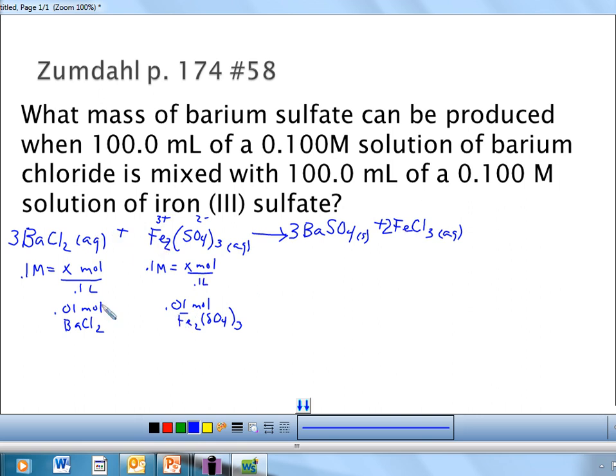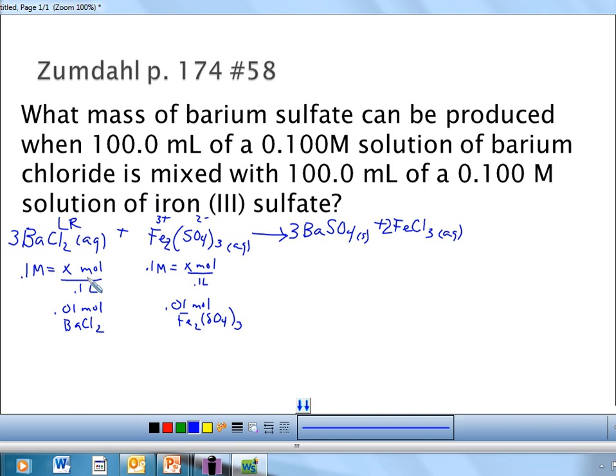If you are given the amount of each reactant, we need to figure out which one of these substances is going to be the limiting reactant. Some of these things, it might be easy to see that because this is a 3-to-1 relationship and I'm starting with the same amount of each, it is maybe obvious to you that the barium chloride is our limiting reactant.